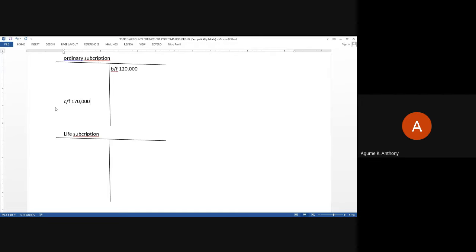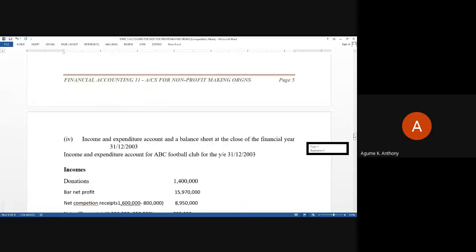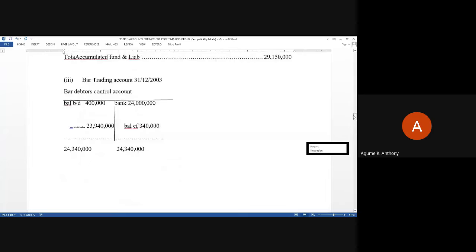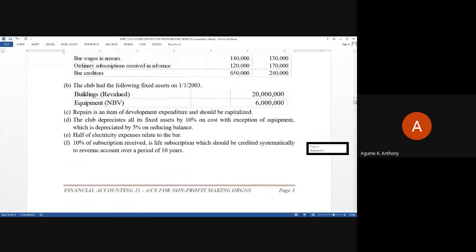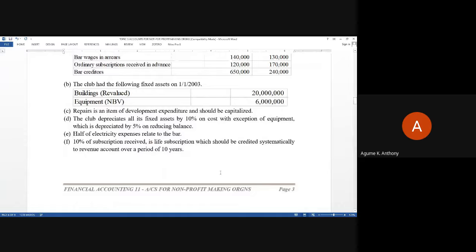Okay. Now, for life, they are saying that what is received, because when you check on this note number F, they're saying that 10% of the subscription received is life subscription, which should be credited systematically to revenue account over a period of 10 years.